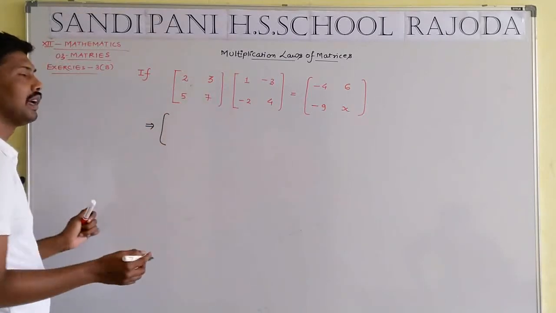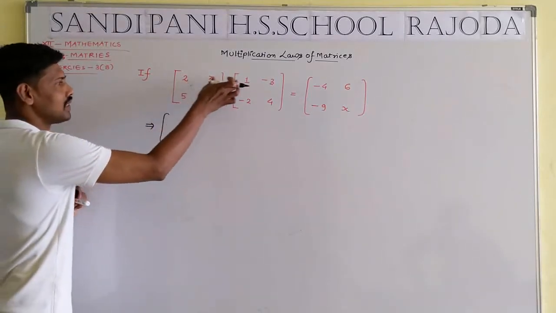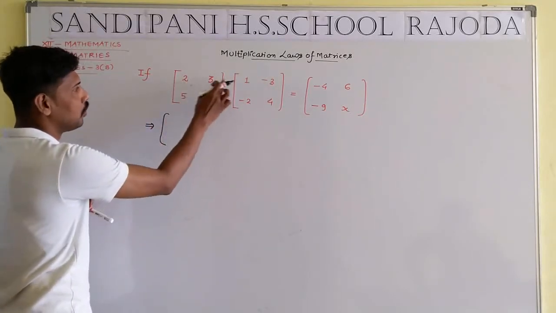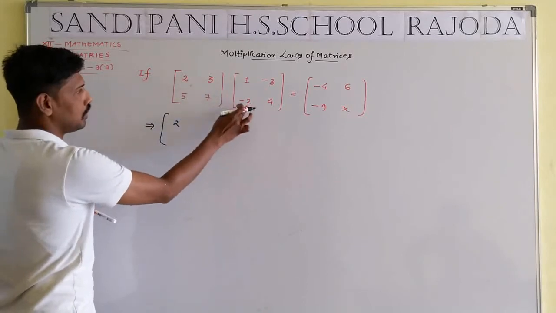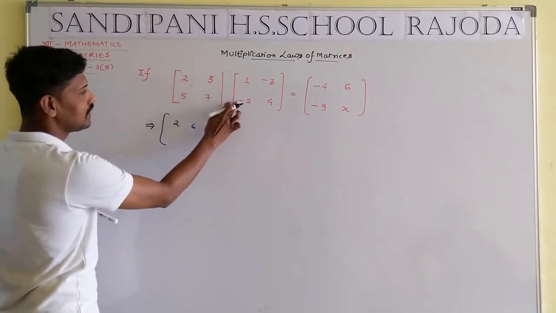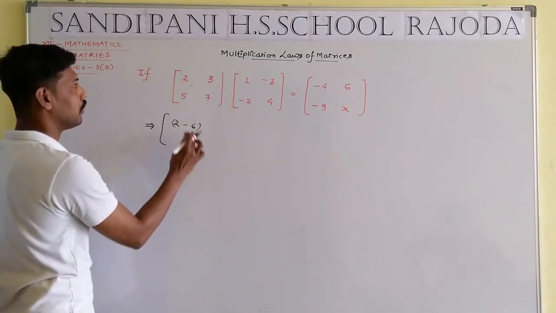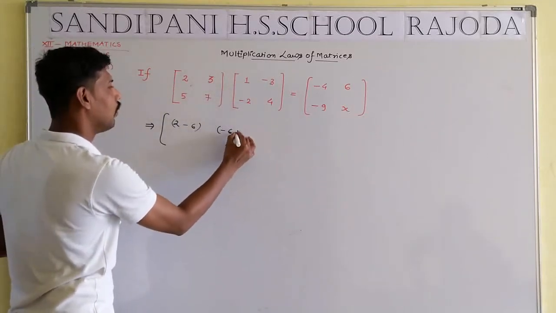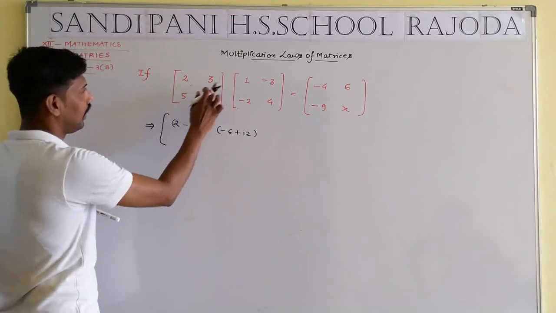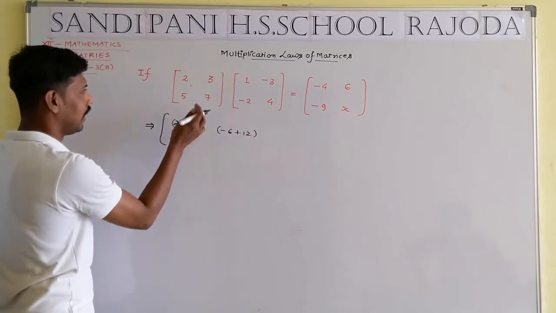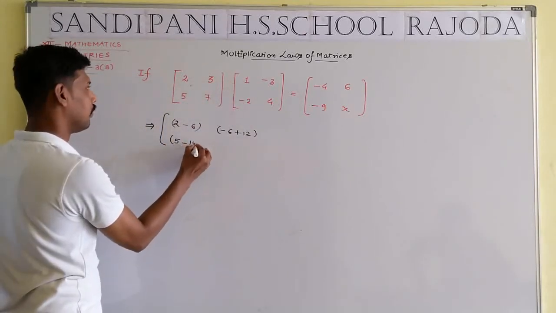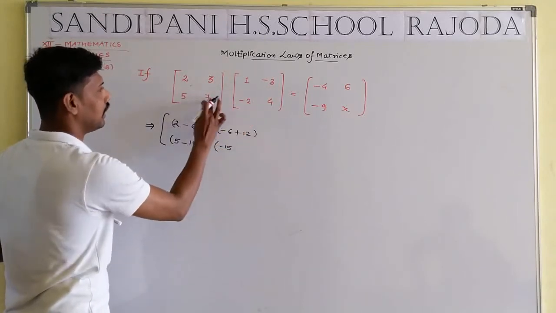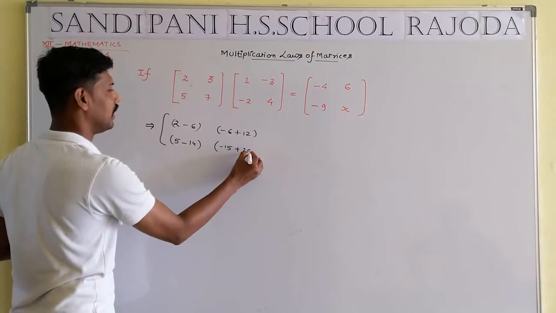Now we take the multiplication between the first and second. The first row is multiplied by the first column: 2 ones are 2, 3 twos are 6, with plus minus minus. Now 2 times minus 3 is minus 6 and 3 times 4 is 12. Then 5 ones are 5, 7 twos are 14, 5 times minus 3 is minus 15 and 7 times 4 is 28.